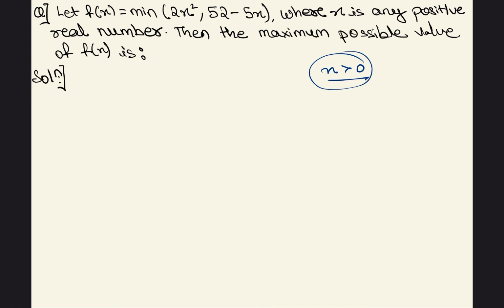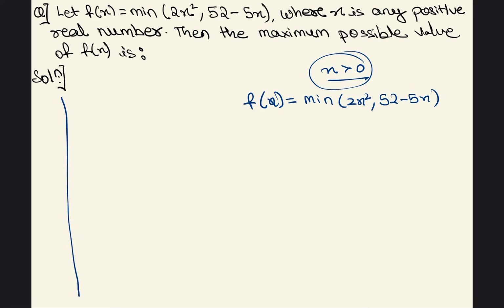So if I have to consider any possible function graph, it will obviously be in the first and fourth quadrant only. Now, why I'm talking about graph is because I have f of x equal to the minimum of 2x square and 52 minus 5x. To understand this question, it is really good if you know how to draw graphs.